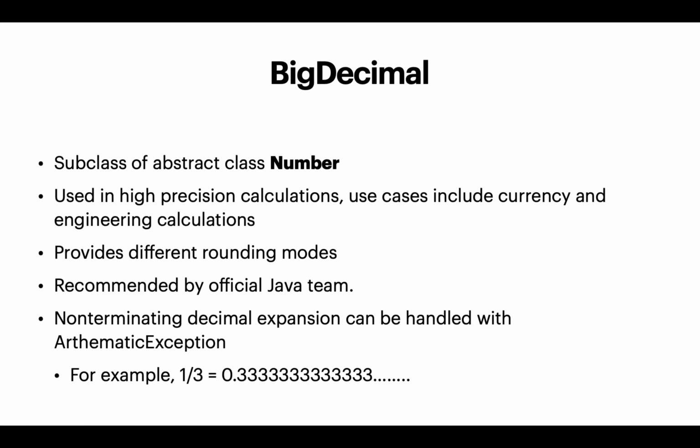So let's look at BigDecimal. Again, it's a subclass of the abstract class Number, and it is used in high precision calculations. Use cases include currency and engineering calculations, and it provides different rounding modes. We are going to see in action what different rounding modes are available. And it is recommended by the official Java team if you are handling high precision calculations.